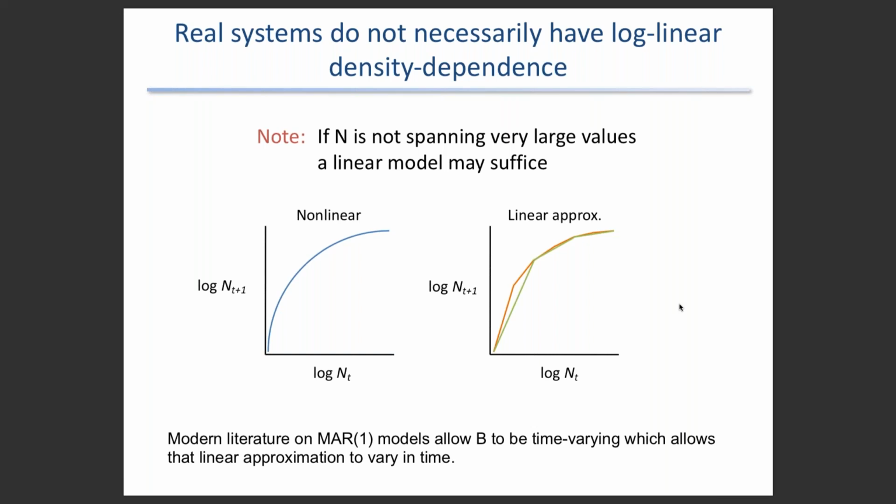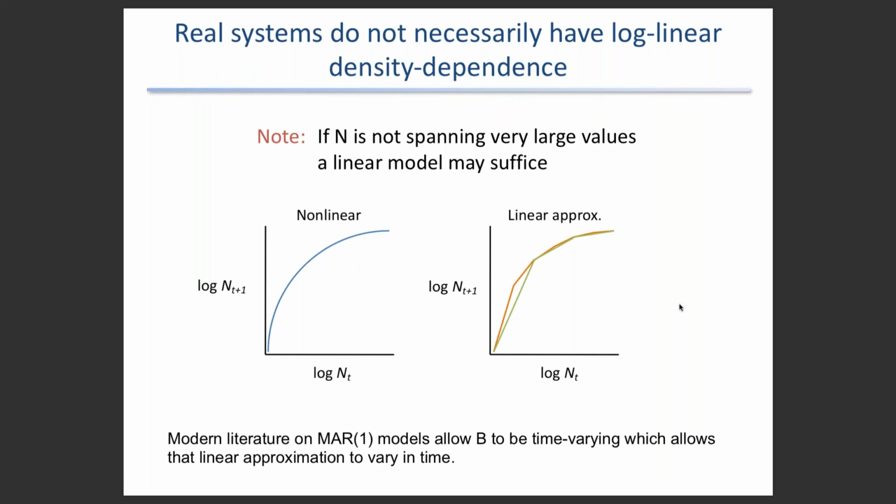Even though that's the case, the Gompertz model can approximate that with these linear lines here. So it's not quite like that, but if we had different Gompertz models in different portions of the abundance level, we can still approximate that.